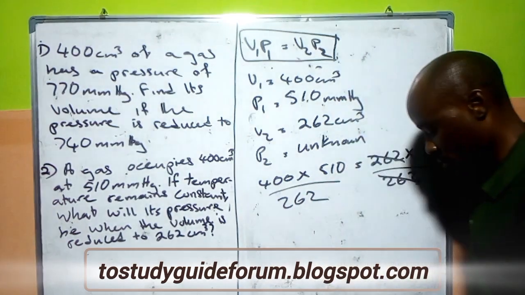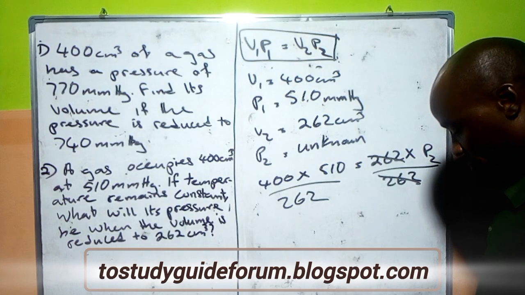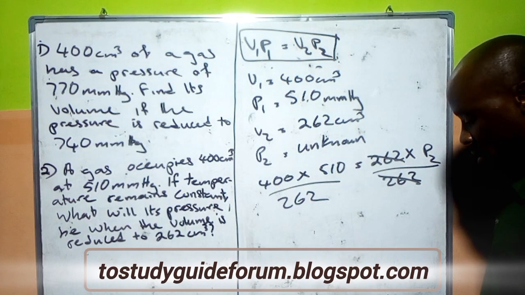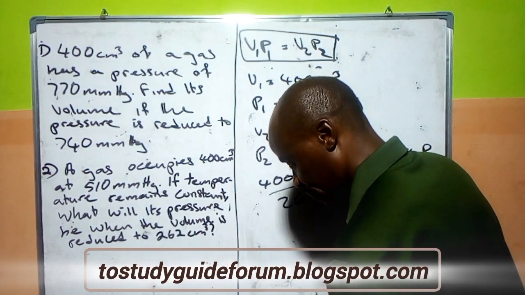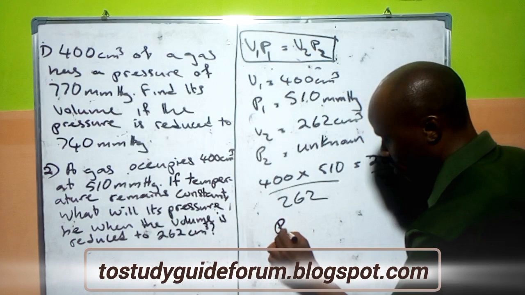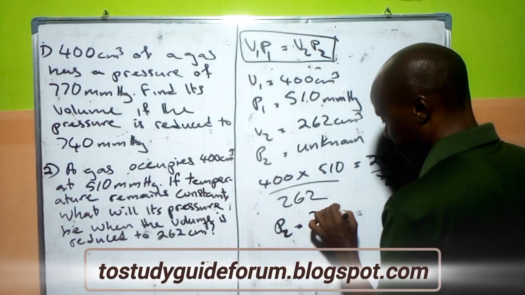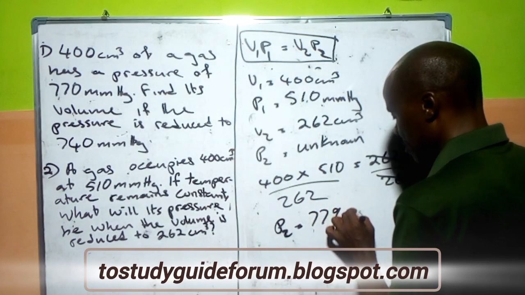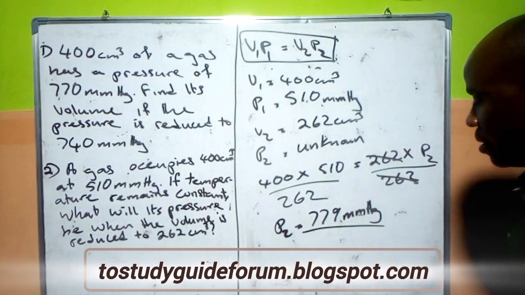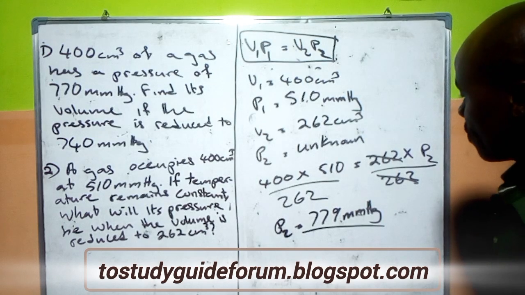So what we have again will be 400 multiplied by 510 divided by 262. The pressure will be approximately 778.6, that's approximately 778.6 millimeter mercury. That's the final answer.